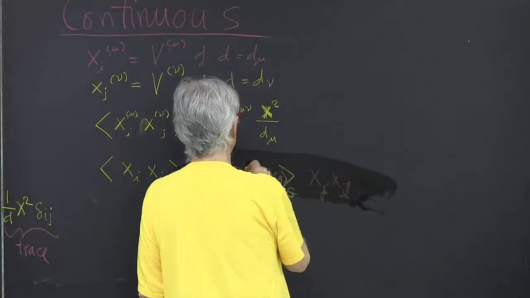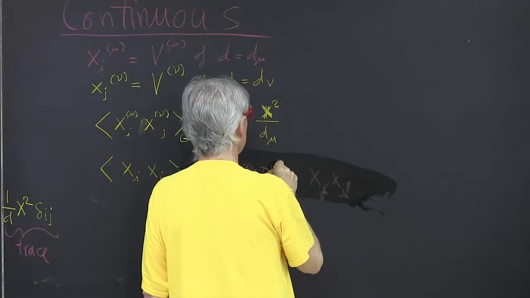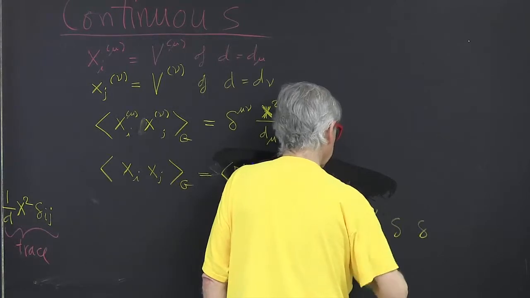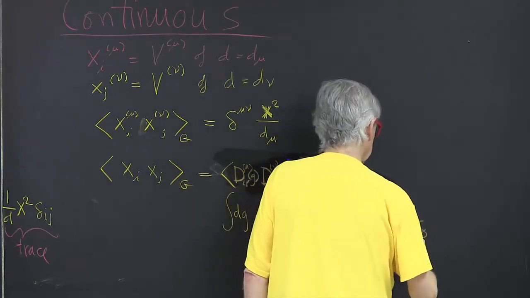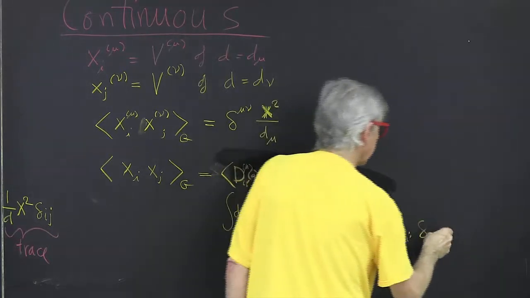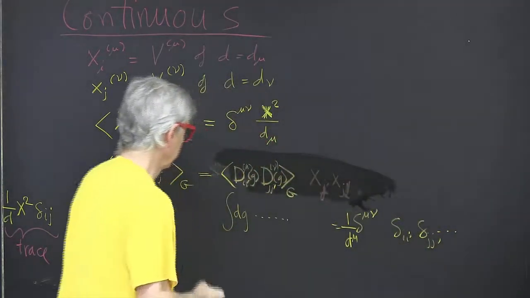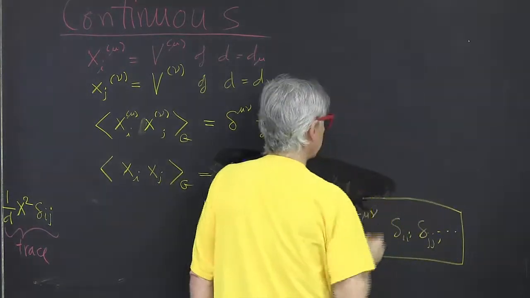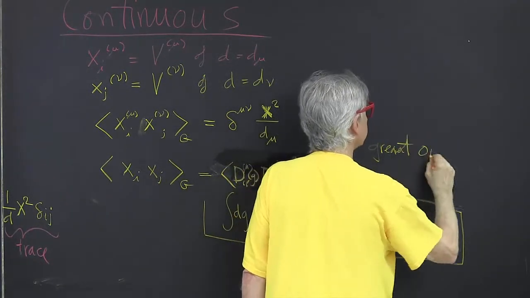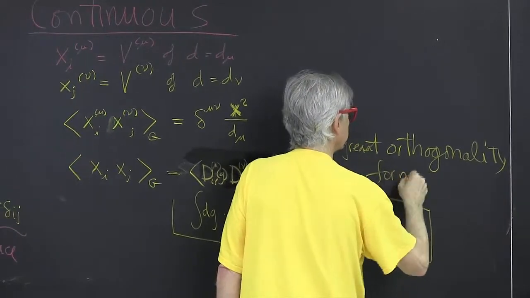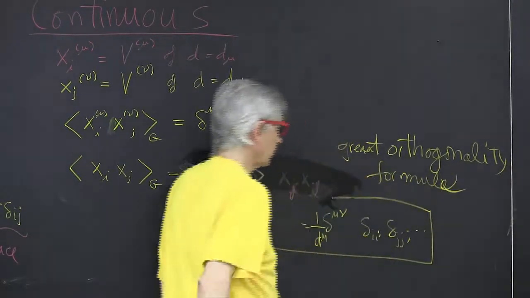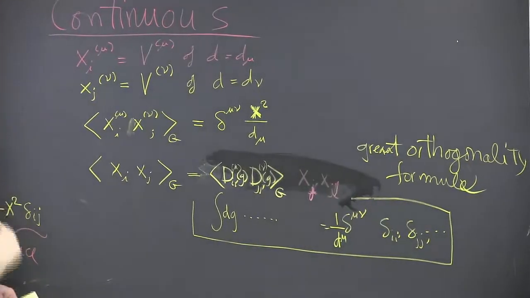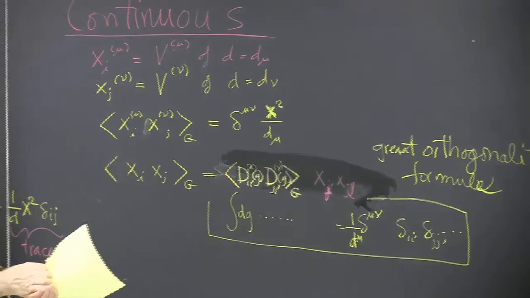Put indices of representations, nu and nu, and the dimension of the representation. And then there'll be deltas you have to insert here. And if you just fill it out, that's all. The Great Orthogonality formula. So it just comes from this very elementary consideration.